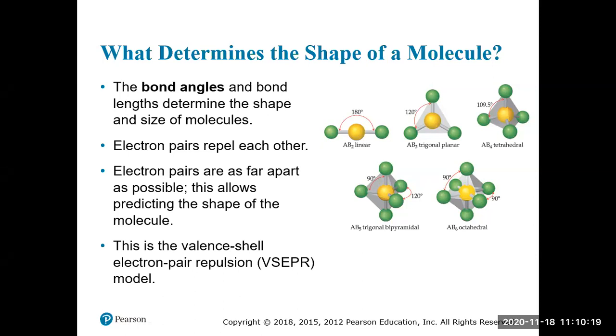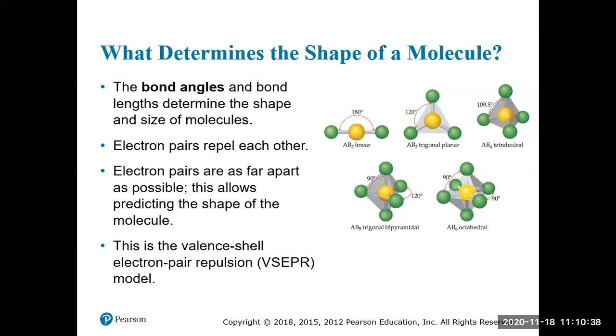To minimize the repulsion, the electrons want to be as far apart as possible. And it's that repulsion that factors into the shape that we see of the molecules.